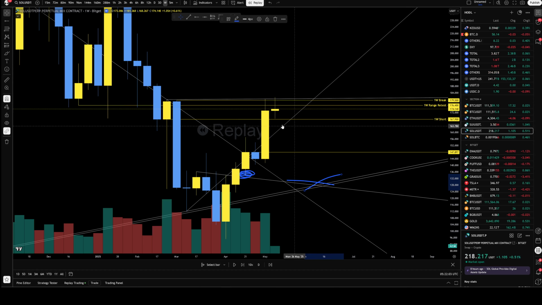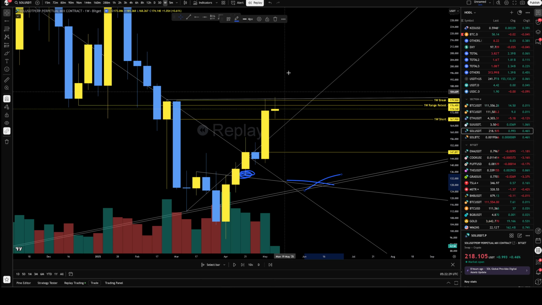So if you'd entered on the lazy entry and you'd averaged on the weekly range, maybe you're still a little bit below your average entry now. If you'd added on the retest of the range trend, then you'd probably be about break even at this point, maybe a little bit in profit.